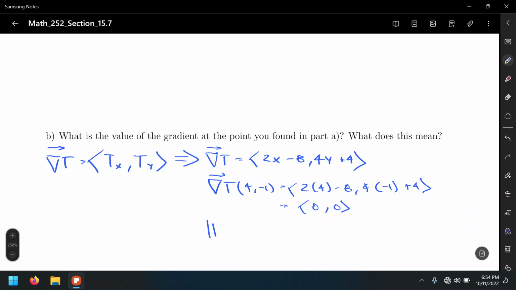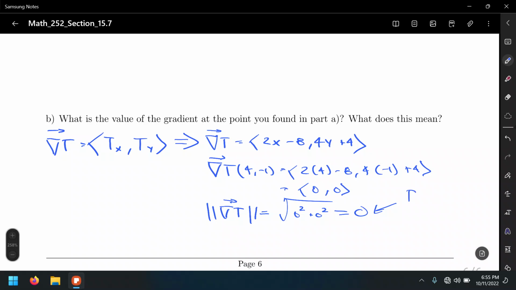So if we get the magnitude of nabla t, that's the square root of 0 squared plus 0 squared. What is that going to represent anyway? What we're doing in this case is substituting the critical values in the derivative. That's going to give us 0, because this is the point where the rate of change is 0, and that occurs when we have a maximum or a minimum point. So that's ultimately the rate of change.